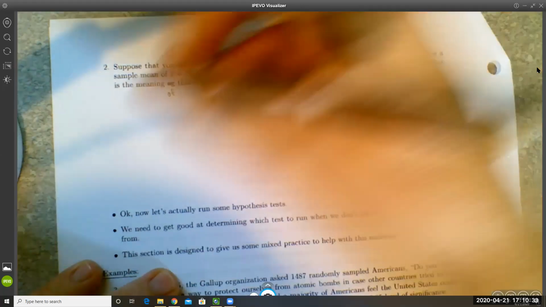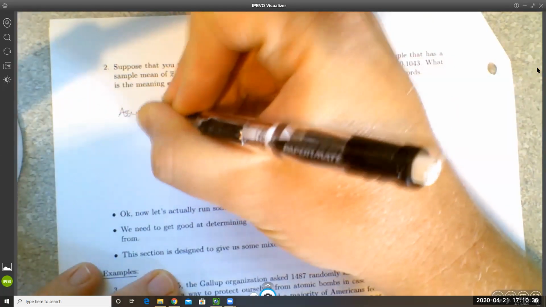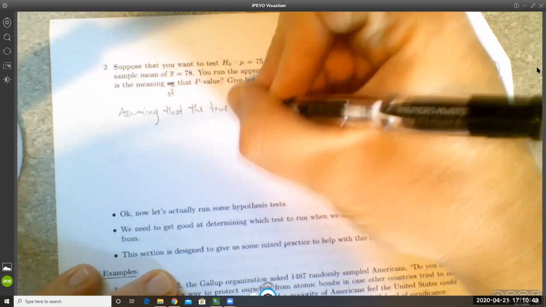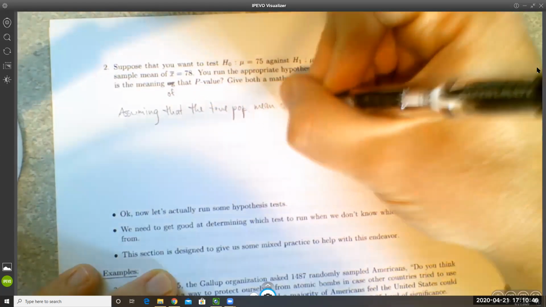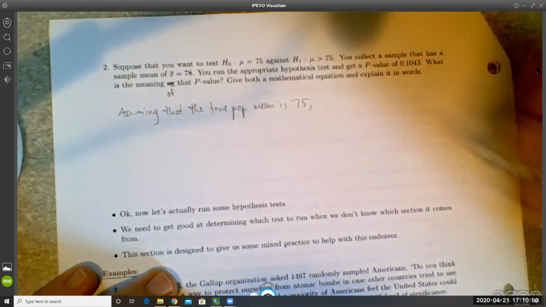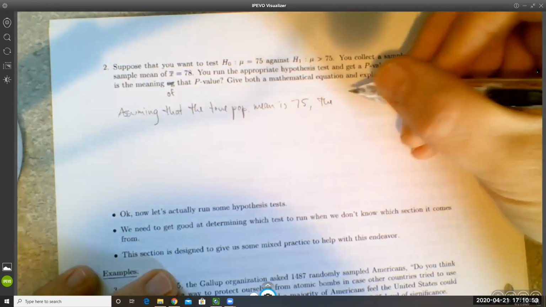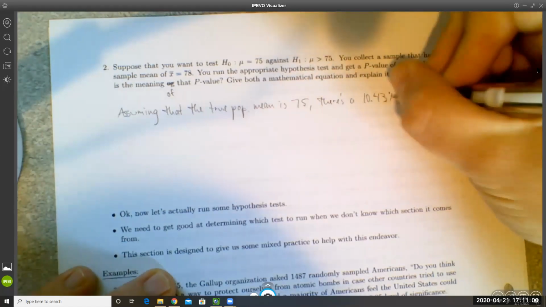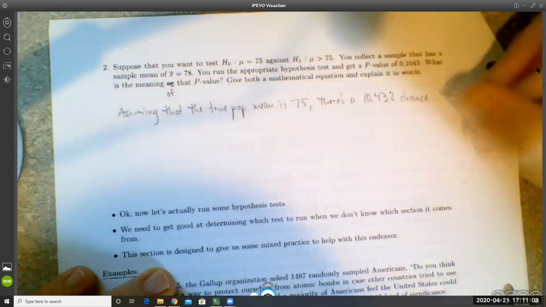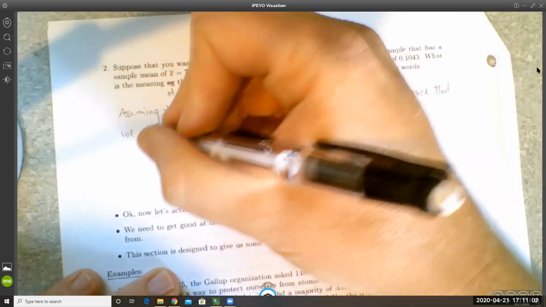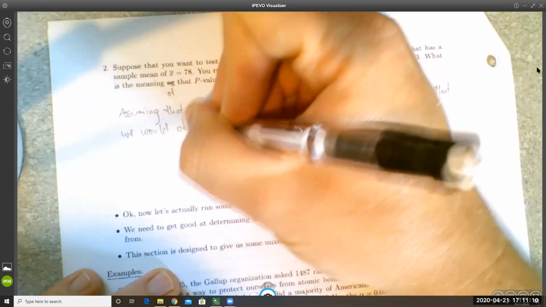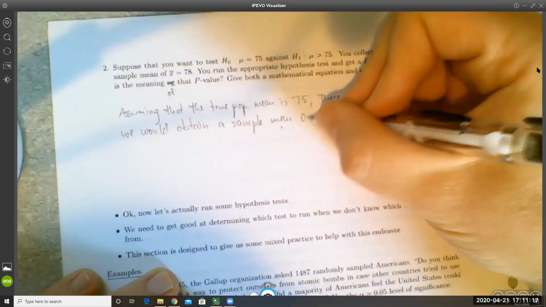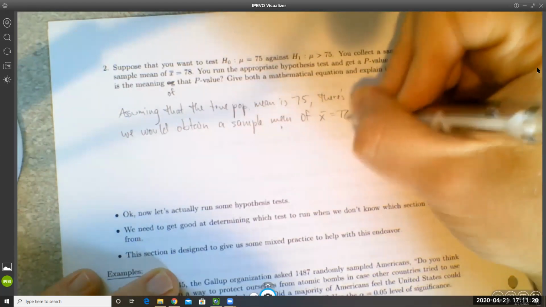But I would say something like this: assuming that the true population mean is 75, there's a 10.43% chance that we would obtain a sample mean of x bar equals 78.